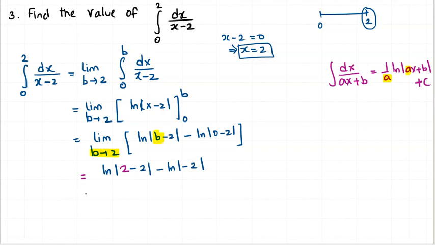So this basically gives you ln of 0, and ln of 0, if you know, is infinite. So again, we say that this integral diverges. Okay, so we say that integral 0 to 2 dx over x minus 2 diverges.